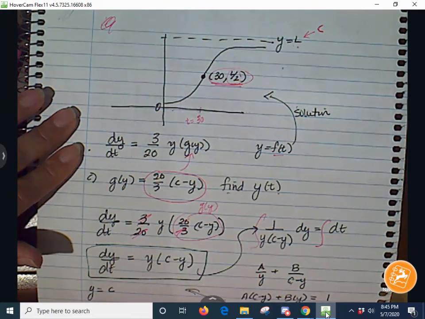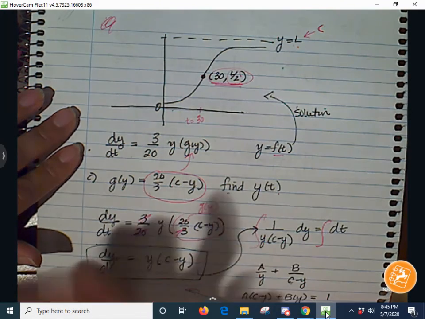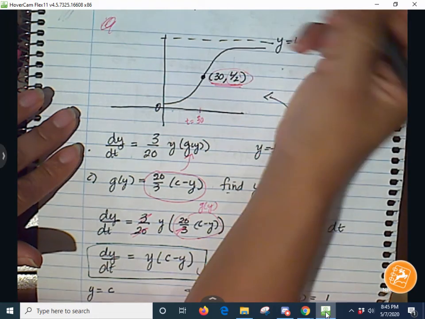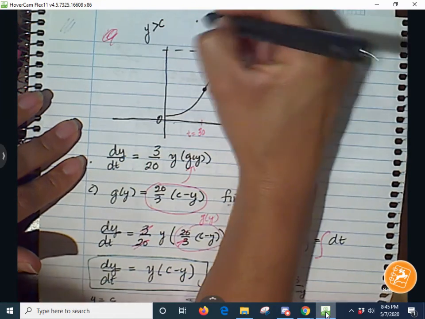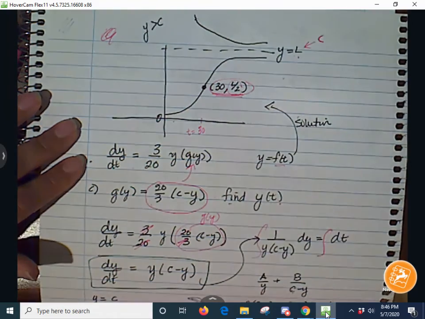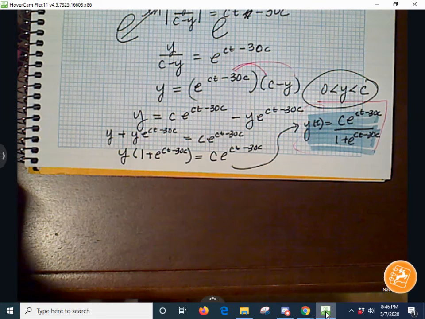And your y values are going to increase. Should your initial y value be above c, so let's say y is greater than c, then what's going to happen? This is going to go down.